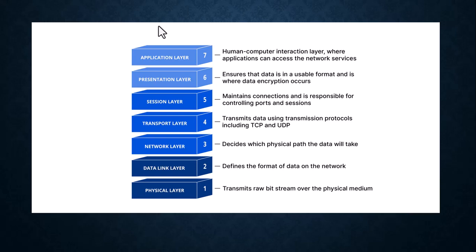Authorization is the process used by the server to determine if you have permission to access a file. If not, you will get a message saying you are not authorized to access the page. Both of these functions, authentication and authorization, are performed by the session layer.